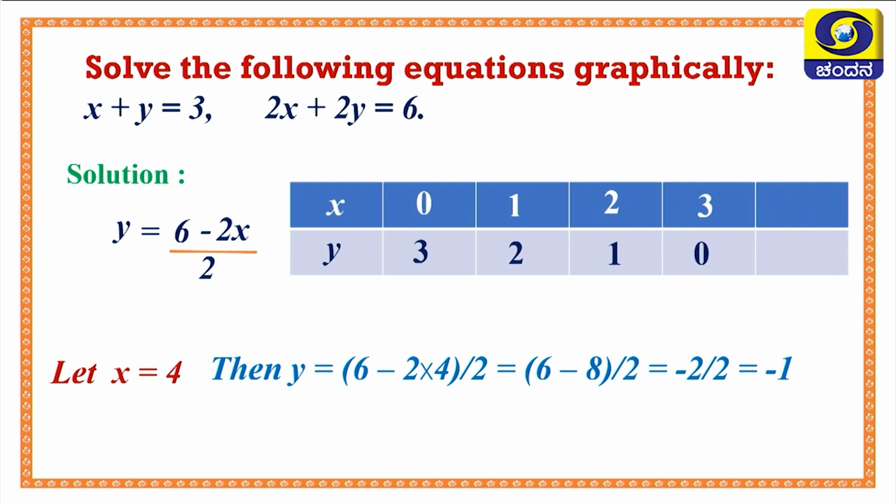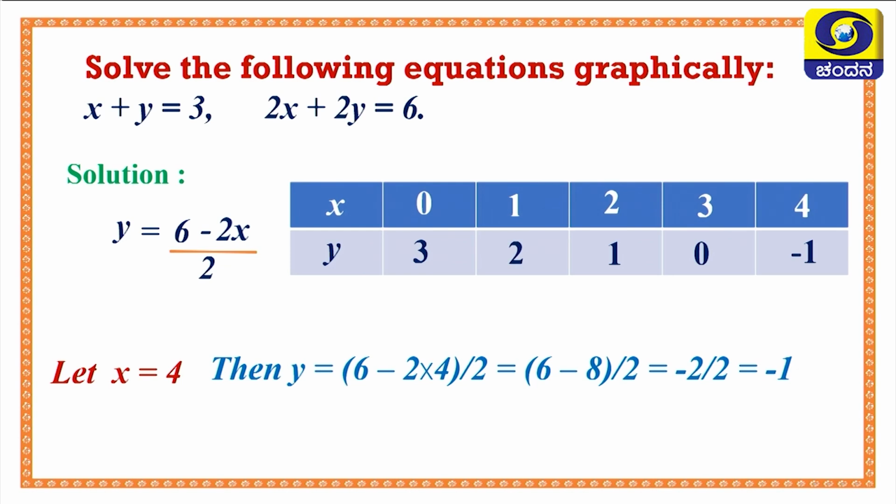When x becomes 4, y is equal to (6 minus 2 into 4) divided by 2, that is 6 minus 8 divided by 2. 6 minus 8 means minus 2, yes, very good, minus 2 divided by 2, that is minus 1. So, when x becomes 4, y becomes minus 1.